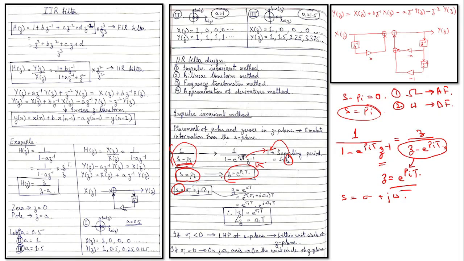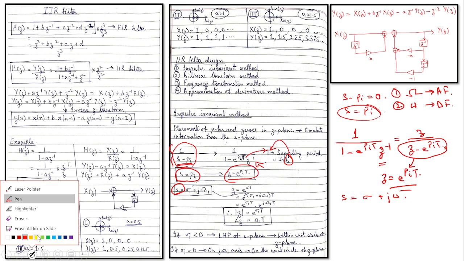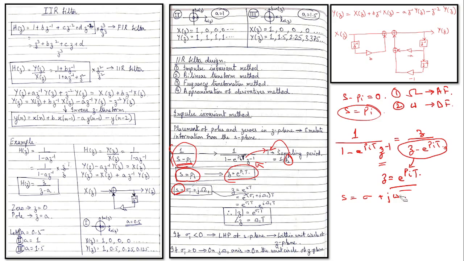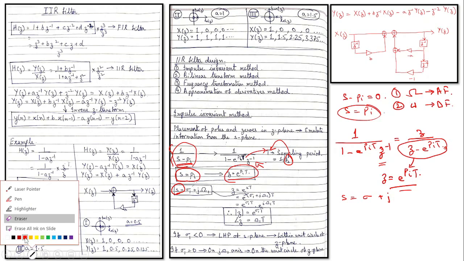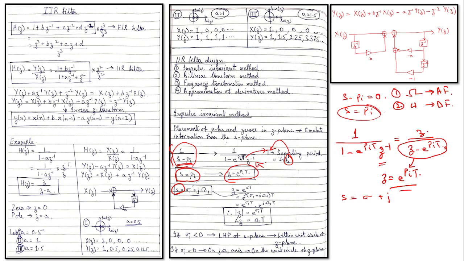Okay. Now herein, the Laplace transform is applicable for the analog domain. So we can write S equals to sigma plus j omega.